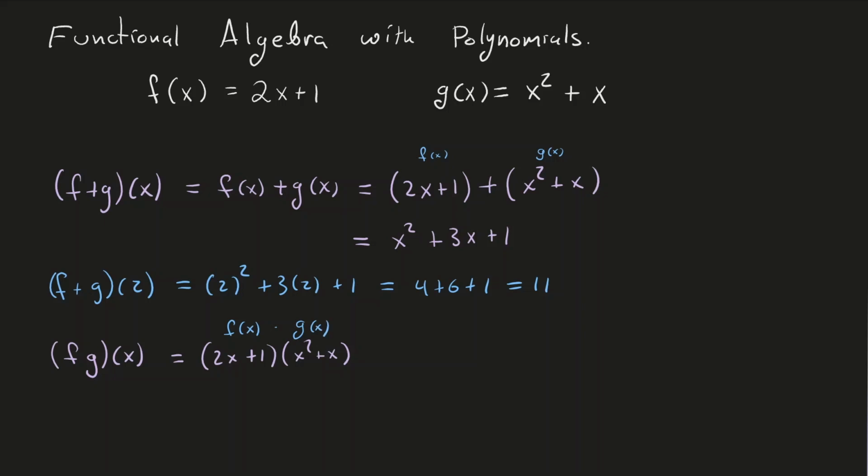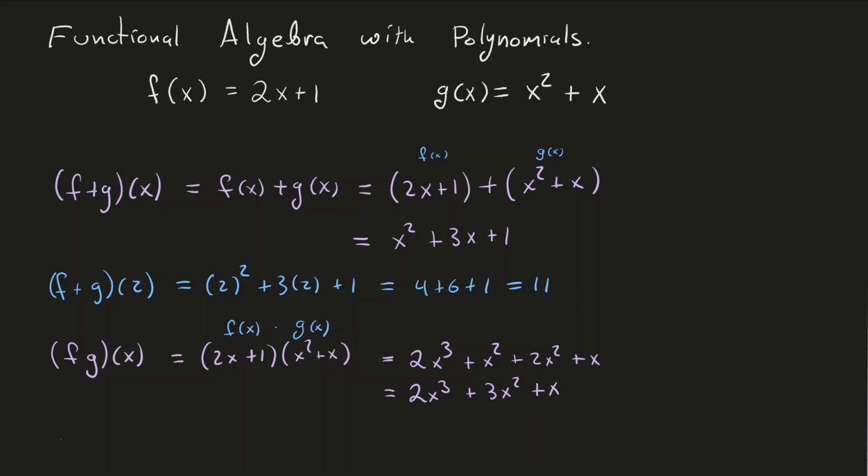So multiplying this out, this is equal to 2x cubed + x squared + 2x squared + x, which simplifies down nicely as 2x cubed + 3x squared + x. So again, this notation means that we're multiplying the two polynomials together, and that turns into a polynomial multiplication.